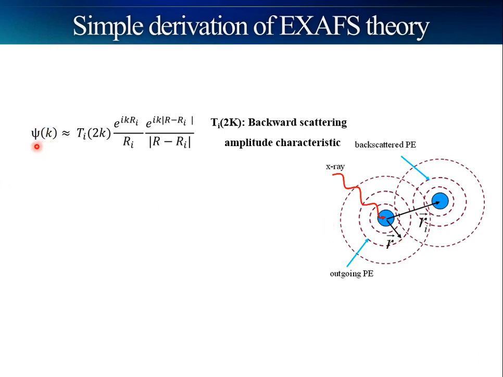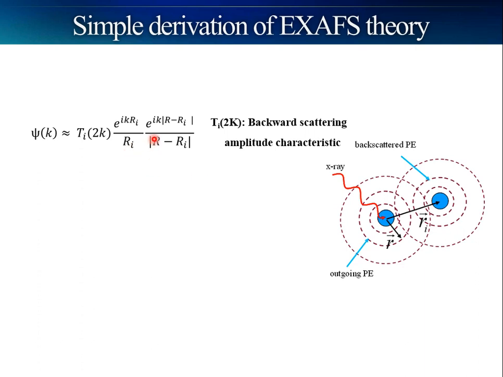wave, which is psi, is proportional to Ti times the outgoing wave times the backscattered wave, where Ti is the backward scattering amplitude characteristic. Because the interference wave affects the X-ray at R equals 0, so R is cancelled.